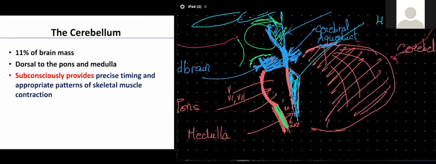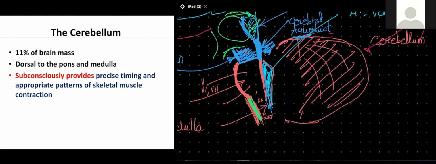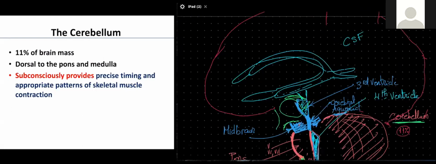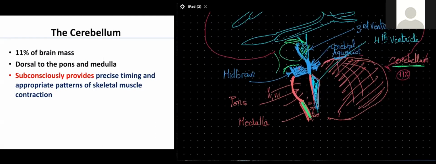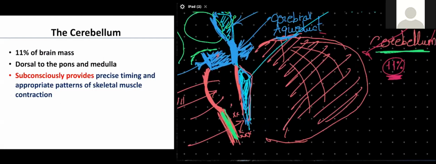Moving on to our last part of the brain today, this is going to be the cerebellum. The cerebellum represents a large part of the brain, but remember, the largest part of the brain is the cerebrum, which represents around 40% of the brain mass. The cerebellum represents only 11%.